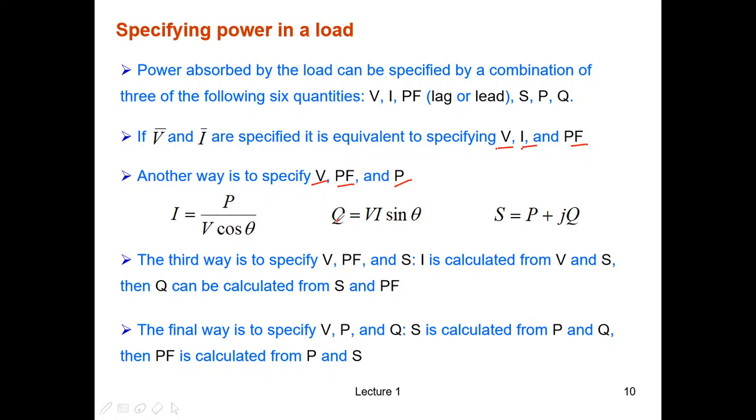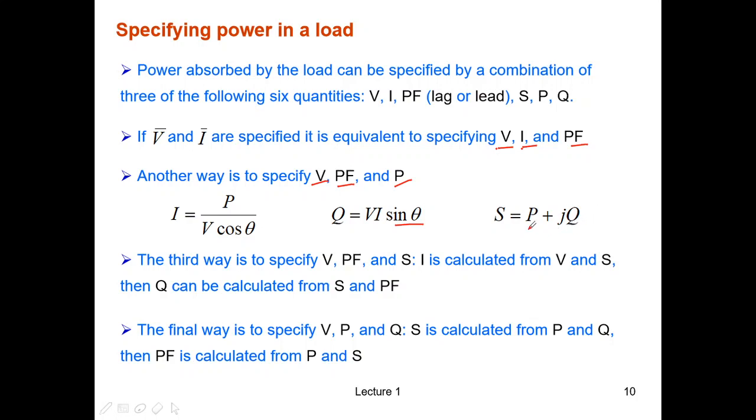Then we calculate Q after we find I, the current. We can now calculate VI sine theta. We are given the power factor, which is cosine, so from cosine we can easily calculate sine, and this is the next step. And finally we form S. S is P plus jQ by definition.